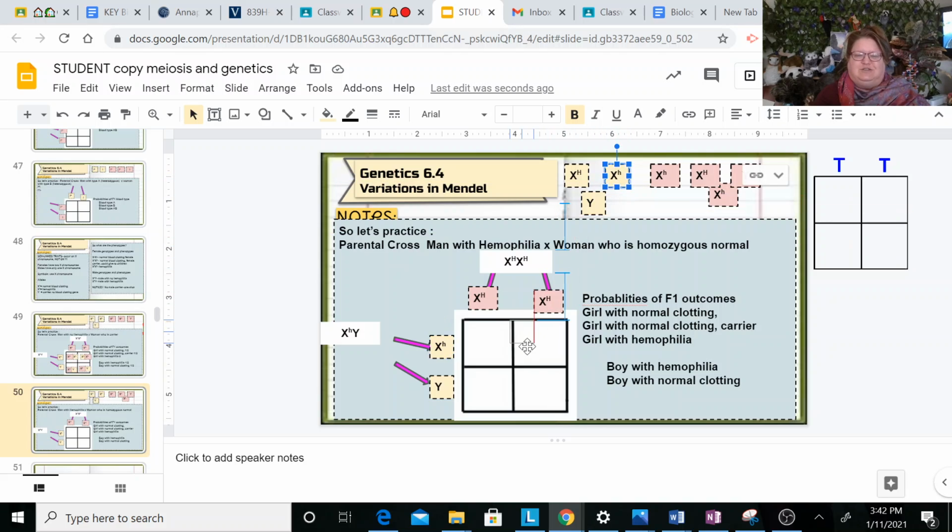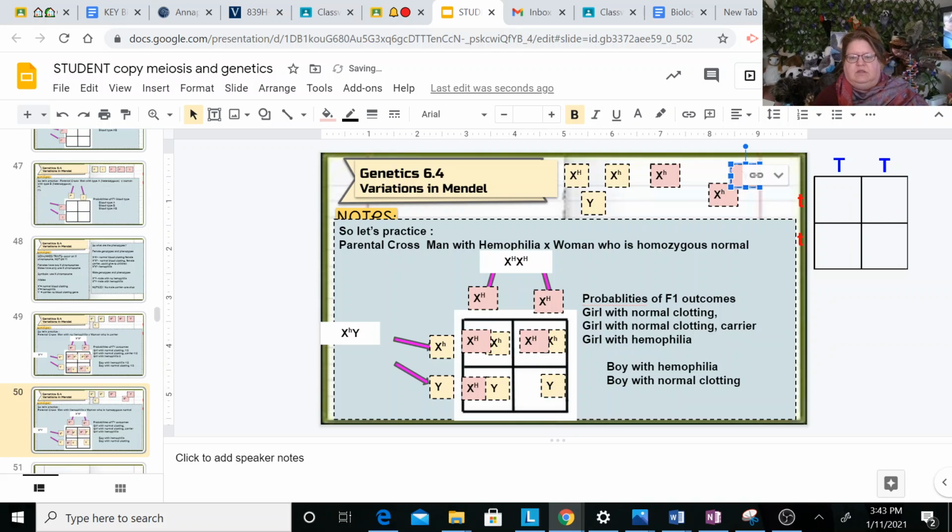And so let's distribute. We're going to have our X lowercase h. Now the standard is that the recessive goes on the second spot. So that would be there. And then we're going to fill in our X big H. And then we've got X big H for the bottom ones. And then our Y. And generally what you see is that you have the Y chromosome.